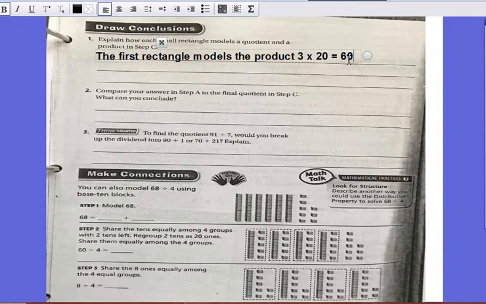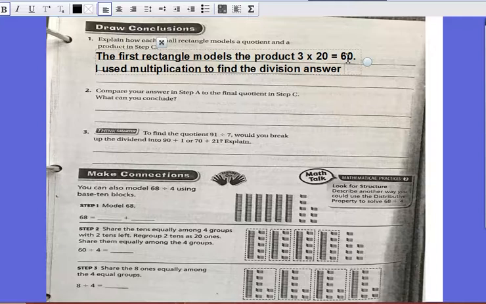Because of the inverse relationship between multiplication and division, it also means division. So I'm just going to put, I used multiplication to find the division answer. I knew what 60 divided by 3 was.